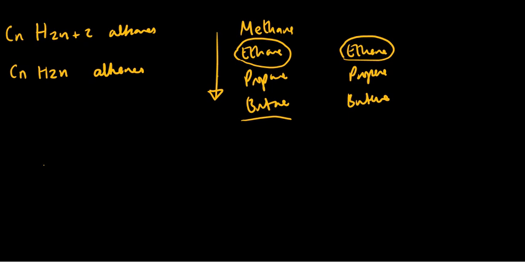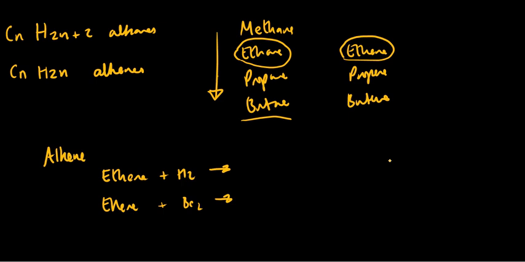Then we'll have, if I have an alkene here, so let's say, for example, I had ethene and I added hydrogen, I would form what? If I had ethene and I added a bromine, I would end up forming what? And if I had ethene and I added water, I would end up forming what?